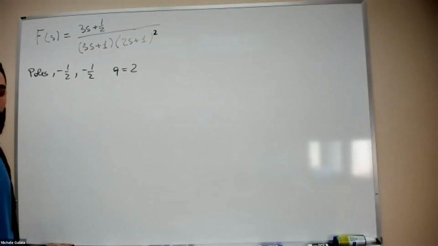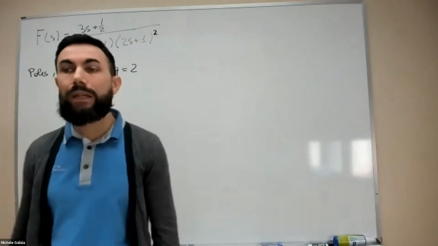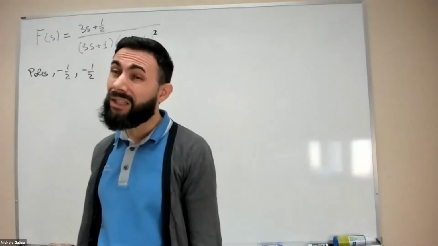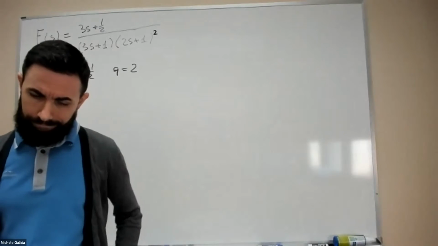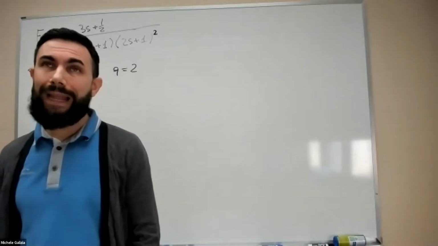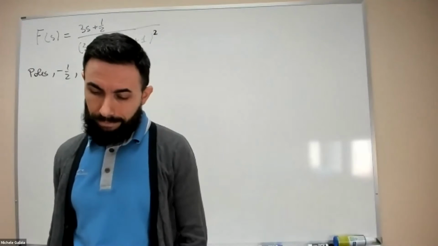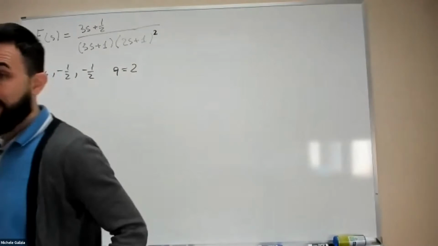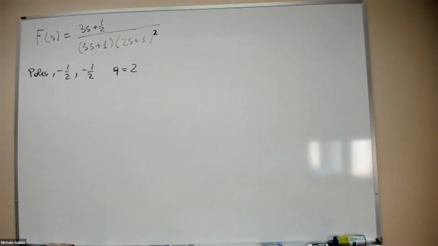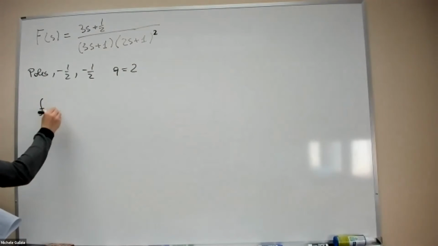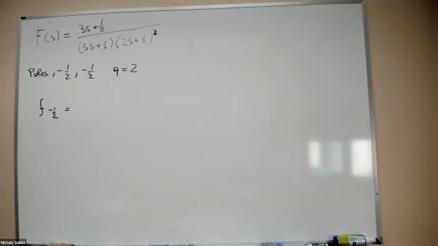So, can we apply the first Heaviside theorem? No. Which one would you apply now? The second Heaviside. So now it's time to apply the second one. So we have to calculate the contribution associated to the pole minus 1/2.